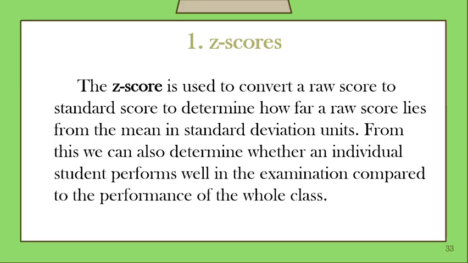Next is Z-score. The Z-score is used to convert a raw score to standard score to determine how far a raw score lies from the mean in standard deviation units. From this, we can also determine whether an individual student performed well in the examination compared to the performance of the whole class. So, itong Z-score is isang way para malaman natin kung gaano ba kalayo yung score natin sa mean score.